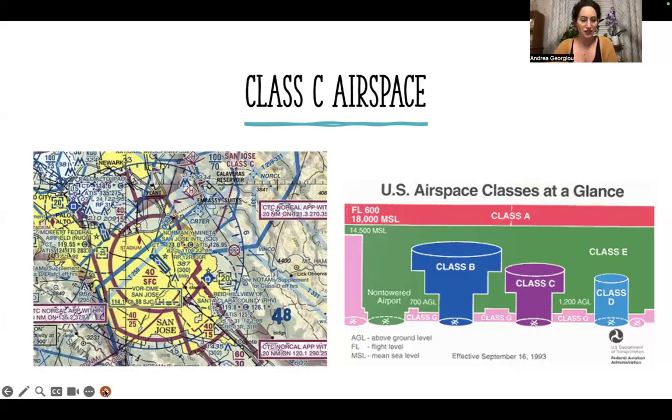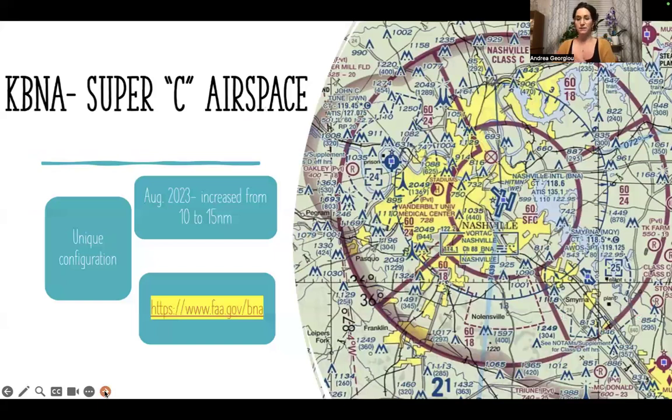Something I thought you might find interesting is Nashville is the first and only airspace system or airport that has been given a special designation that's not even in the FARs yet, and it's called Super Charlie Airspace. In order to improve safety and reduce the risk of mid-air collisions, because there is a lot of air traffic in Nashville, but they do not qualify or have all the requirements to change it to Class Bravo.